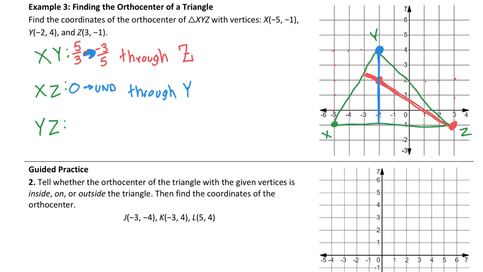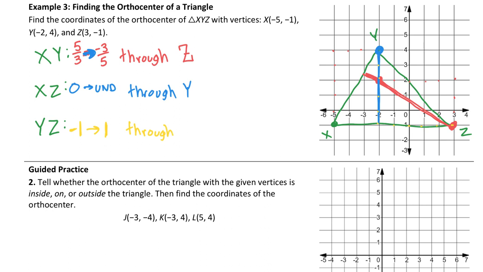So that's almost all of them. I just got to do one more. YZ. I'm going to find the slope of YZ. To find the slope of YZ, I go down 1, 2, 3, 4, 5. Right 1, 2, 3, 4, 5. Simple enough. Down 5, right 5 is a slope of -1. The perpendicular slope to -1 is 1.